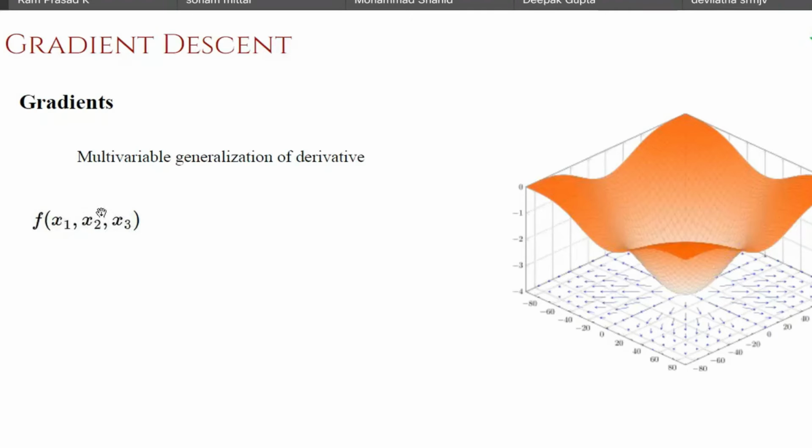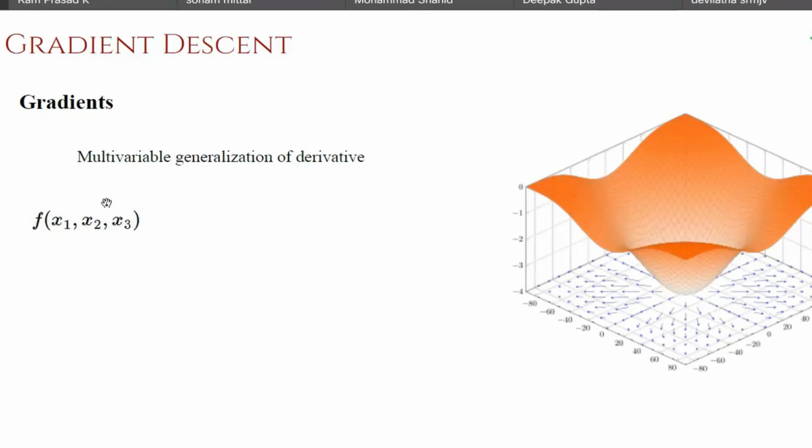And we again need to analyze, you keep x1 and x3 constant, how does the output of this function change when you apply a small change to x2. Likewise, you extend this logic, you keep others constant and change one of them and see how the output varies. And you group them all together, so that is called the gradient.